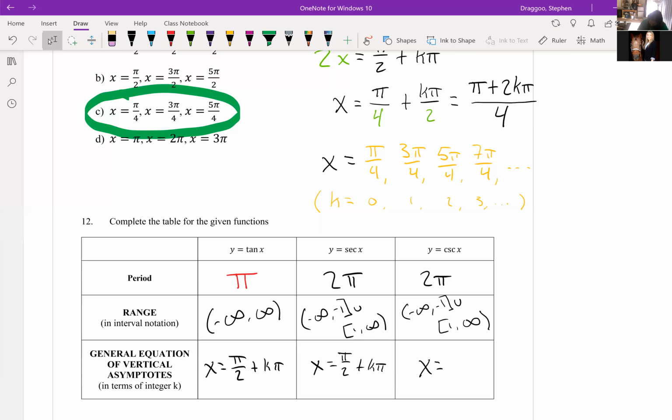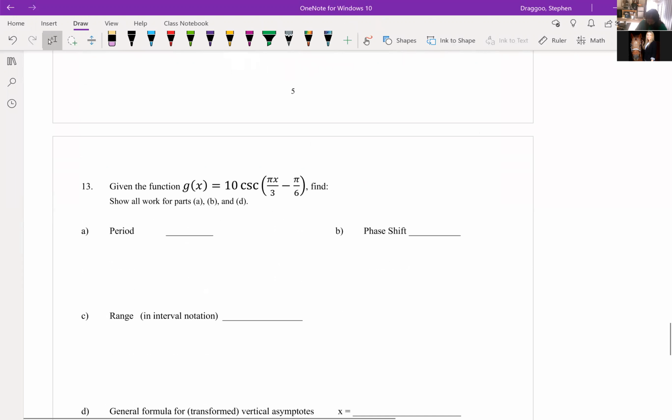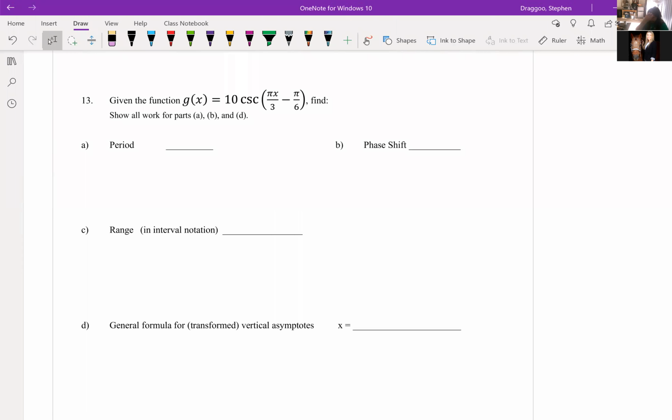But for cosecants, it's just x equals k pi. Nifty.